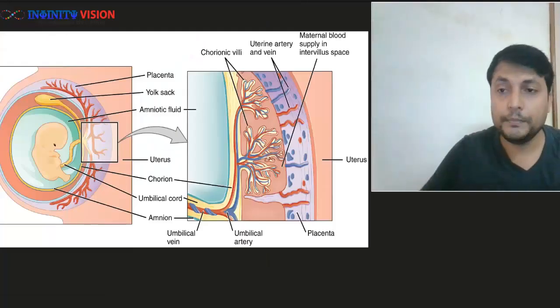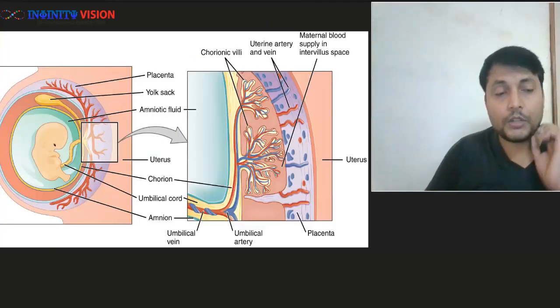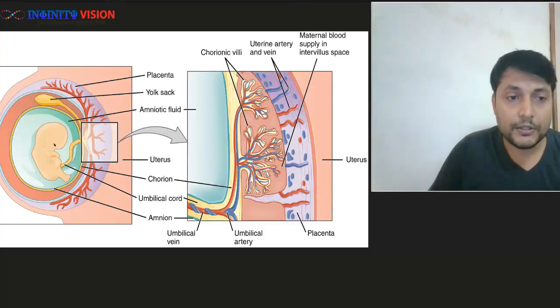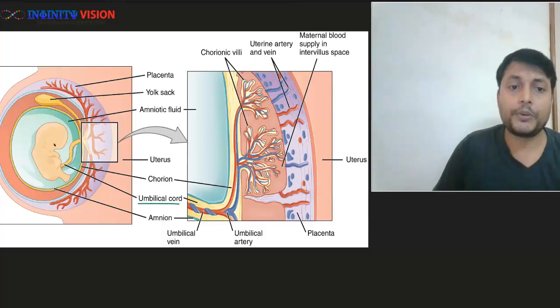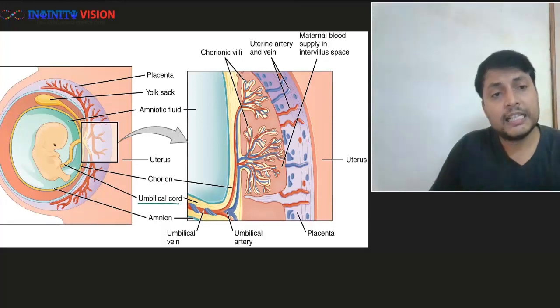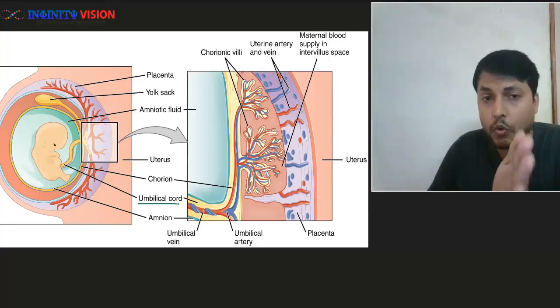Well, as an overview, see this figure. Now in this figure you can see again this is the fetus, and it is connected to this placenta via a rope-like structure called the umbilical cord. Okay, and this placenta is embedded into the uterine wall.